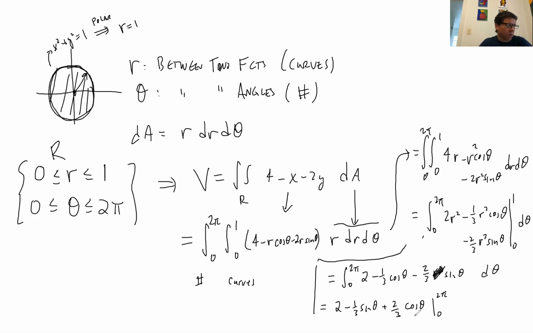If you plug in 2 pi, you get 2 theta, I'll get 0 for sine, I'll get negative 2/3 here, then I plug in 0, and I work it all out, and in the end, you just get 4 pi. Whatever the units are, cubed.